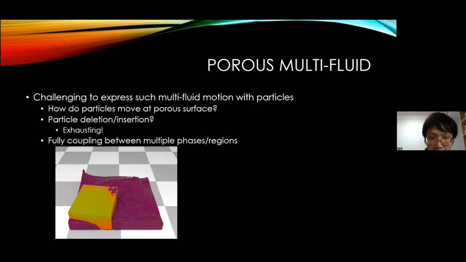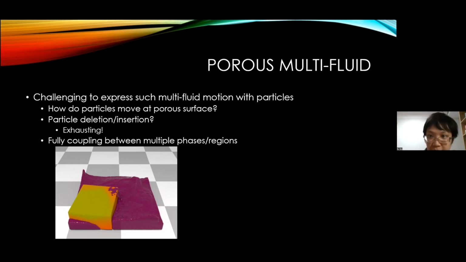First of all, you will delete the particles fraction by fraction, and when you insert a new particle, you will result in many more small or big particles with different sizes. It is very exhausting to handle in implementation.